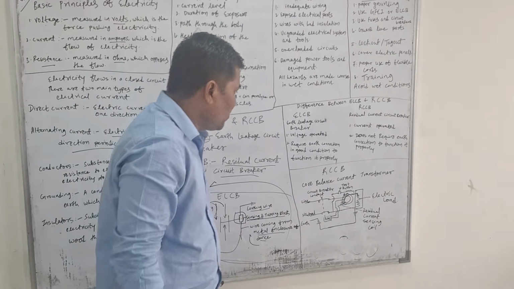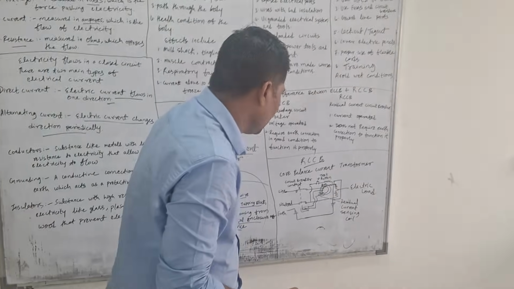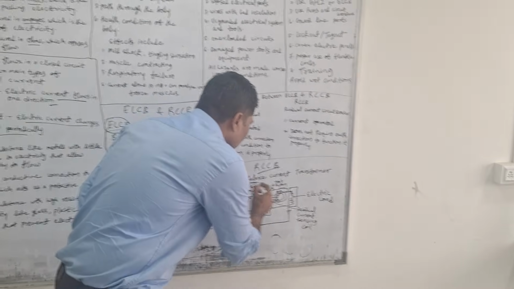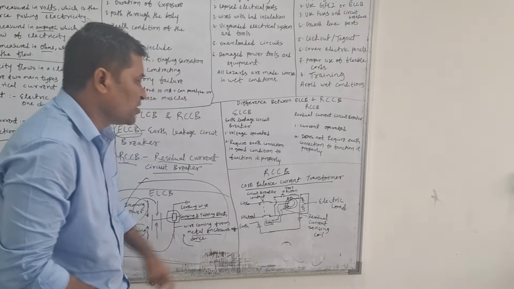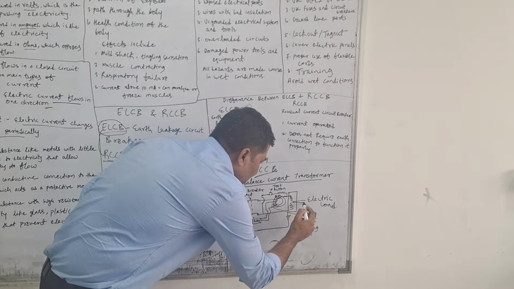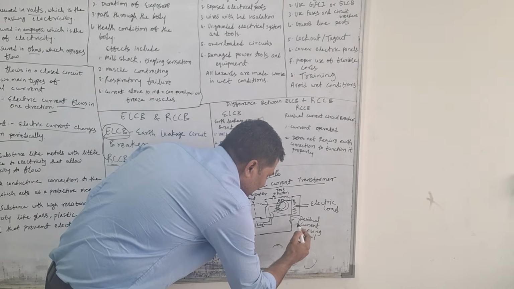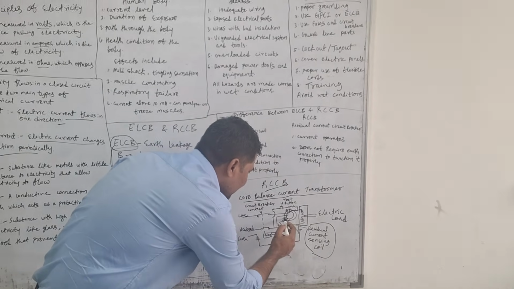Okay. Now we will also discuss the RCCB, residual current circuit breaker. Here is the core balance current transformer. Here you will understand the circuit breakers and how the electric load flows. That comes under the residual current sensing coil in these areas.